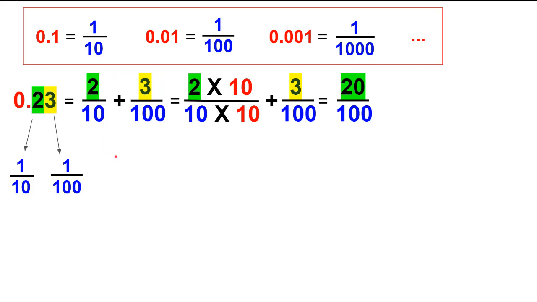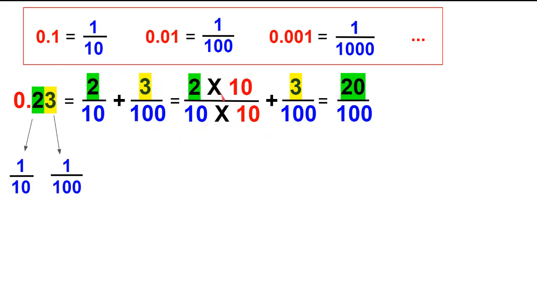Again, if you perform the same action on the numerator and on the denominator, you don't change the value of the fraction. That applies to both multiplication and division. So we multiply them both by 10, and we didn't change the value of the fraction. The 3 over 100 stays the same.